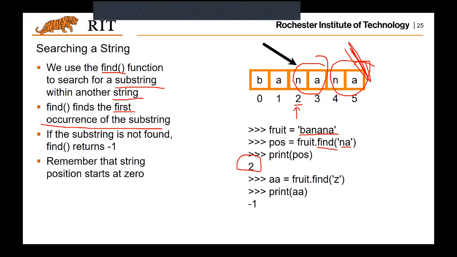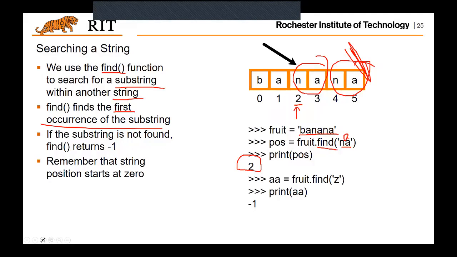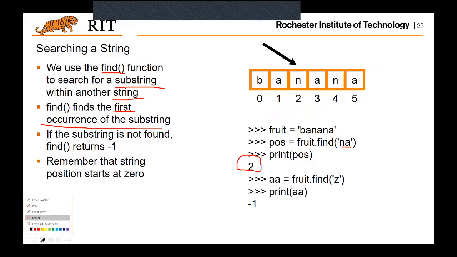Of course, you can put just one character. For example, if we put A here, let me erase this. If we put A here, it will check where the first A is in this string. In this case, that is here.